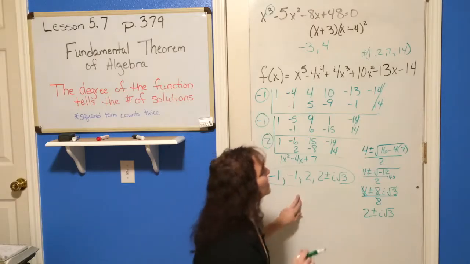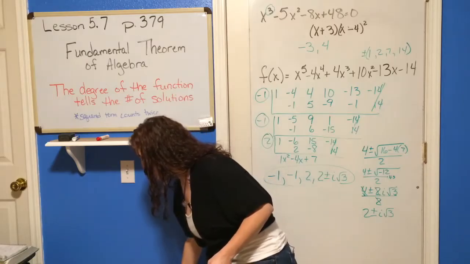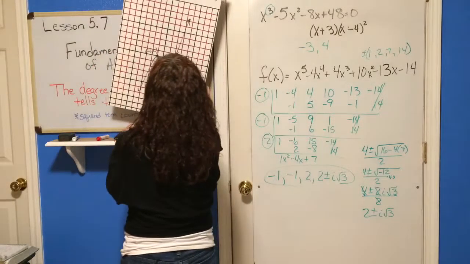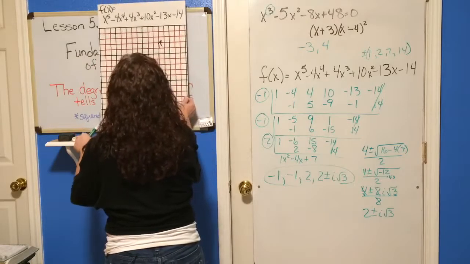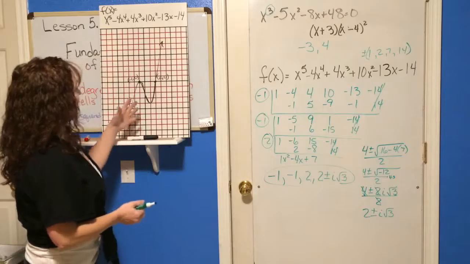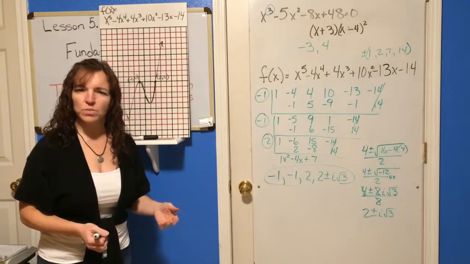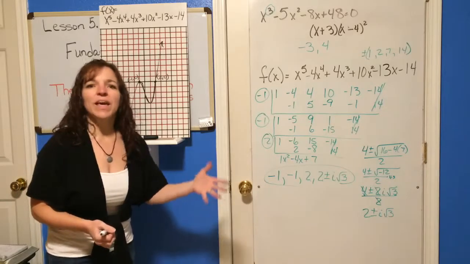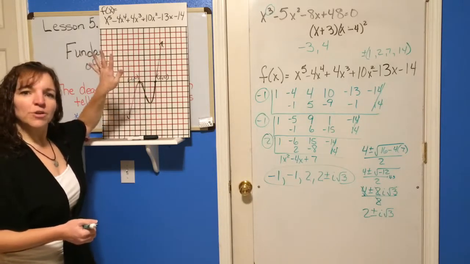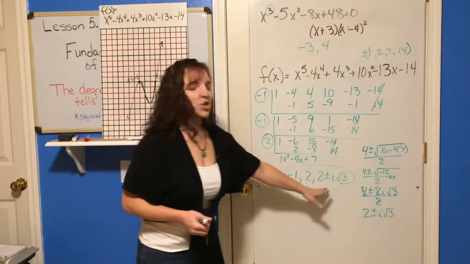Now I want to show you the graph of this function, and I want to show you some specific things. One thing is that the only zeros that are shown are real numbers. Well, that kind of makes sense, right? Because you can't have imaginary numbers on a real graph, so the imaginary numbers are not going to show up on your graph.